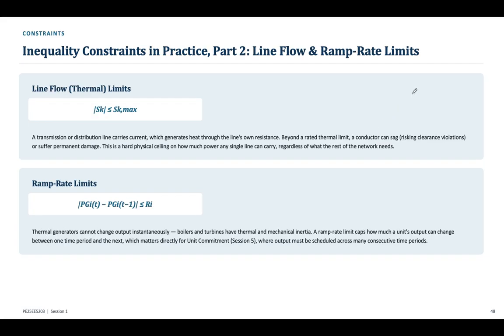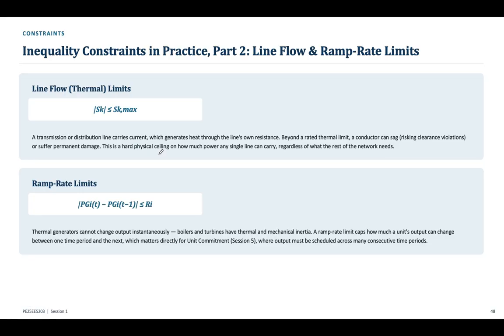Okay. Inequality constraints in line flow and ramp rate limits. Line flow, see, a transmission and distribution line carries currents, right? Which generates heat through the line's own resistance beyond the rated thermal limit. So a conductor can sag, risking a clearance violation, or suffer permanent damage.